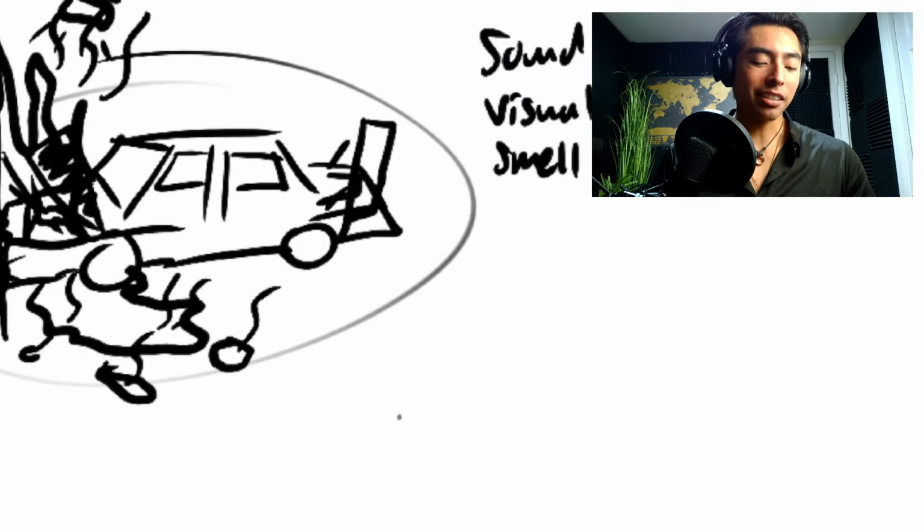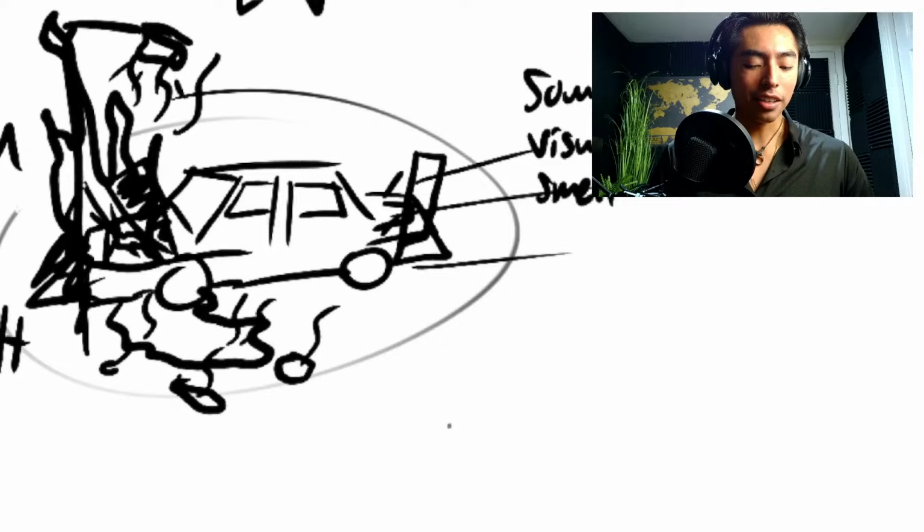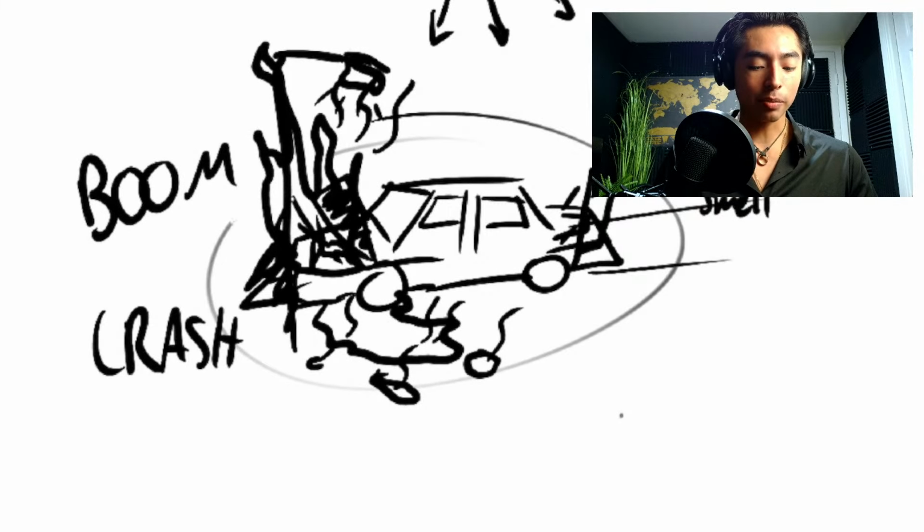But let's say, okay, sound, smell, and visual, right? This is a pretty vivid image, right? If this car was speeding down the highway and smashed into a phone pole and exploded, you're thinking, oh my gosh, is that person okay? How's the car? How big was the wreck? Oh, I can hear the smash and now the fire and the explosion of the car.